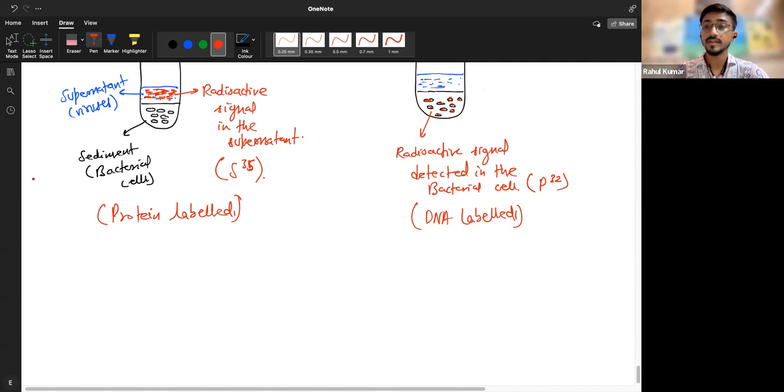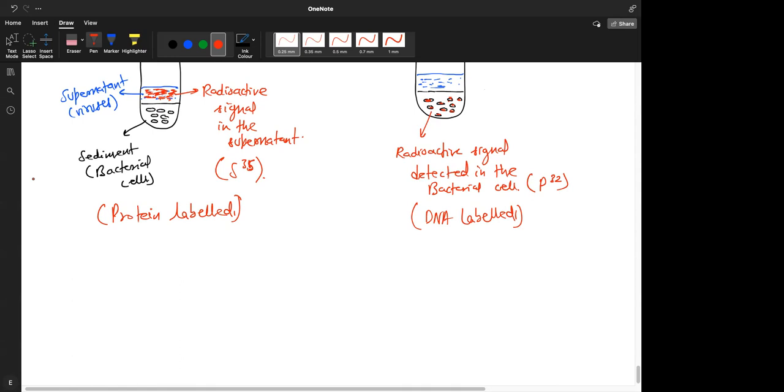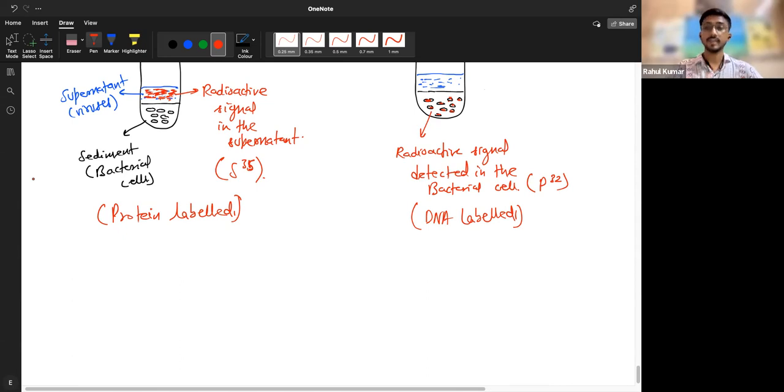So can both be the genetic material, because both contain phosphorus, right? One is single stranded, one is double stranded, but both have phosphorus, sugar, and the bases. The components are the same, yes or no? Yes, sir. So both can be the genetic material, and it's true that both are genetic material.